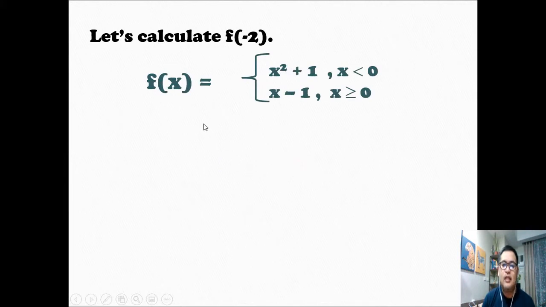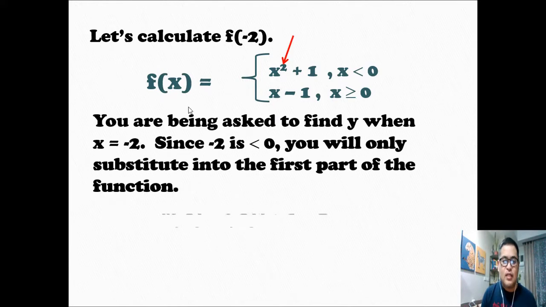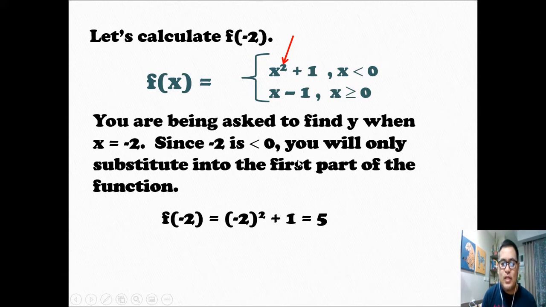Okay, next. Let's calculate f of negative 2. You are being asked to find y when x is negative 2. Since negative 2 is less than 0, you will only substitute this into the first part of the function.